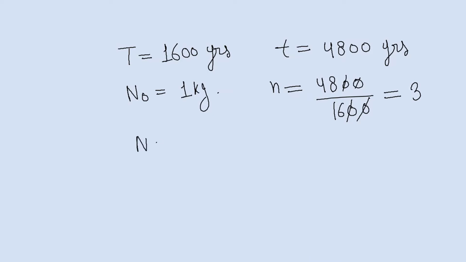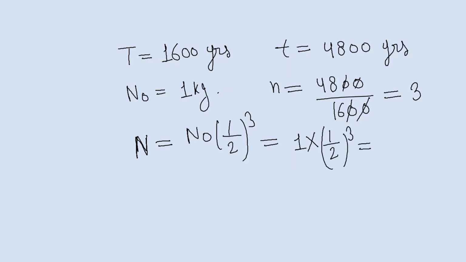The remaining radium will be N equals N naught into 1 by 2 to the power 3. This will be equal to 1 into 1 by 2 to the power 3, so this will be 1 by 8, that is 1 kilogram by 8.